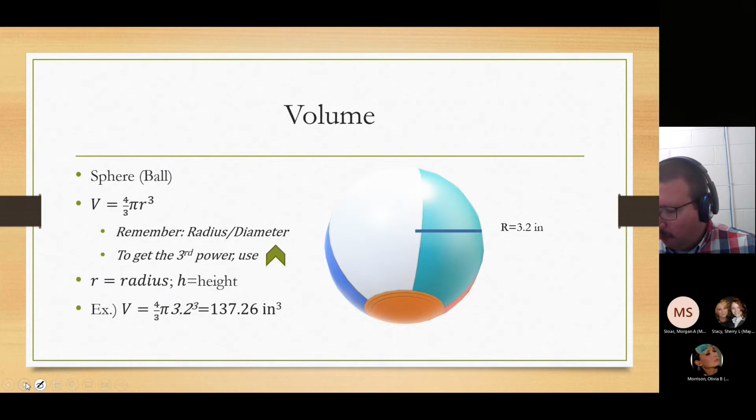You hit your 4/3 with your ND button, hit your pi button, your radius is 3.2. To get to the 3rd power, right below your pi button is your arrow button. I call it the arrow. Hit your 3 now and hit enter.